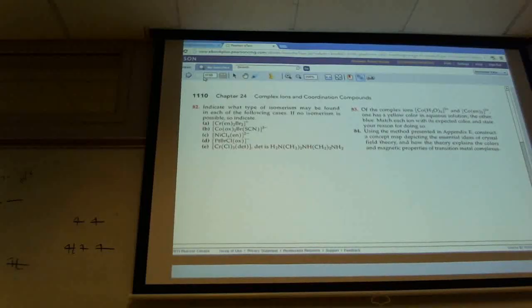All right, and just one more. This is from the advanced section, 83, I think. Of the complex ions hexaaqua and tris(ethylenediamine), one has a yellow color, the other blue. Which one would you expect to be yellow? Which one blue? Aqua should be blue.